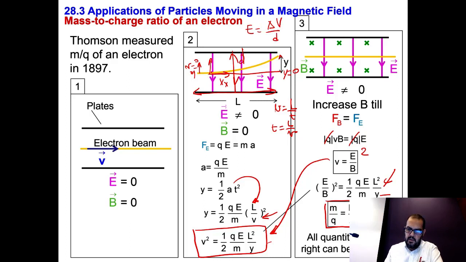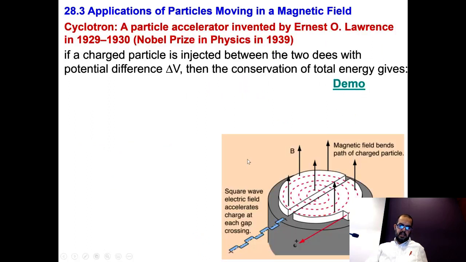And we know the deflection y, so by plugging in the numbers, we can determine the mass divided by the charge of an electron. So it looks like a simple experiment, but this was an invention. This led to a Nobel Prize. This led to the discovery of the electron.